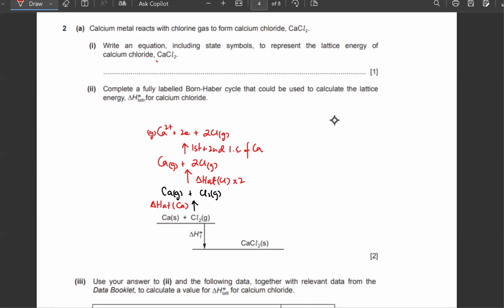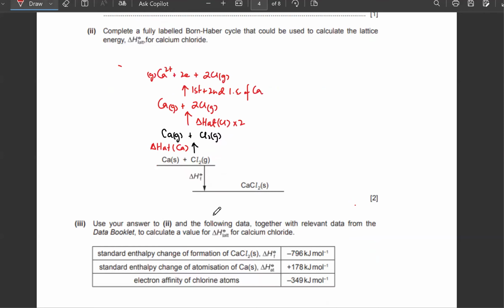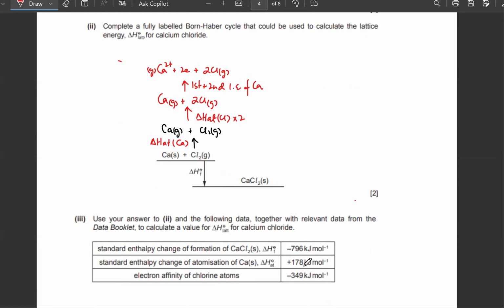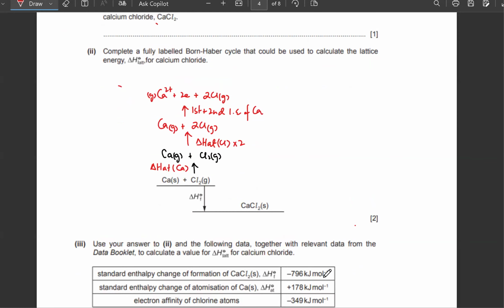Then the Cl is supposed to gain electrons. The first electron affinity is exothermic, or you can have a look over there as well, because we can't mess up the arrows, right? Cl's electron affinity is given as -349, so the arrow is going down from here. The Ca had already lost 2 electrons, now the Cl is gaining electrons.